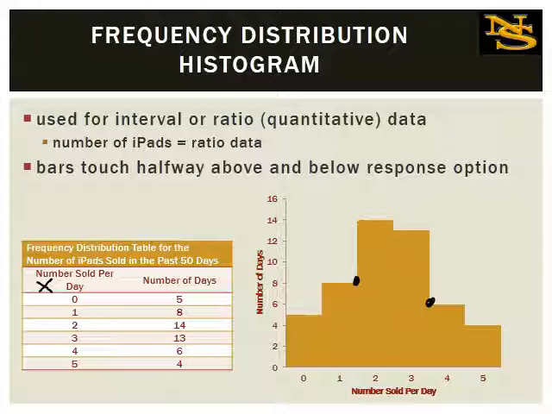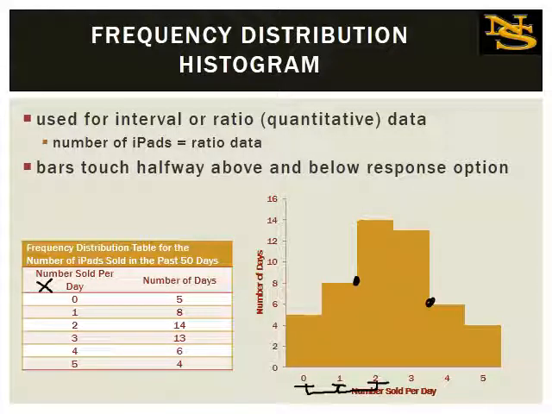Remember, discrete means that every value is fixed to a whole number. Continuous means that you can have fractions or decimals in between. So the reason that we have the bars touch for interval or ratio data, be it discrete or continuous: if it's discrete, we have those bars touch to represent the fact that there's an equal difference between subsequent values, right? The difference between 0 and 1 is a 1. The difference between 1 and 2 is a 1, and so on and so forth.